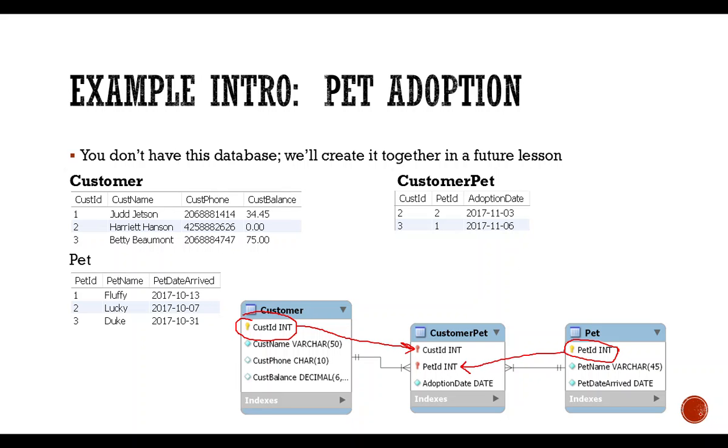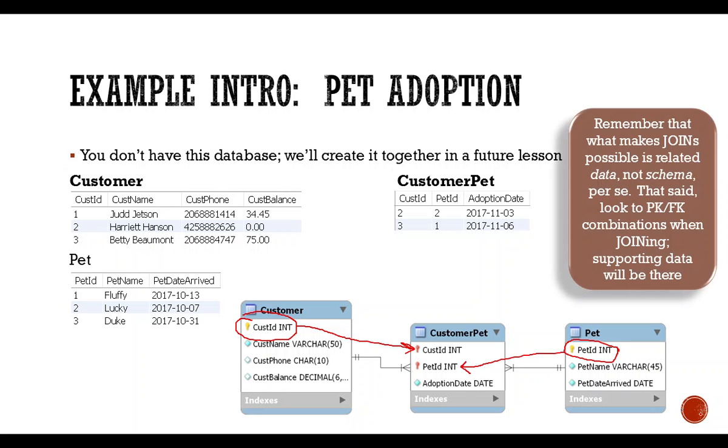So let's look at how we might start into the writing of a join. So again, remember that it's the data here. It's not just the fact that the foreign key exists that makes the join possible. It's this data, right? So we have some data in customer pet that represent those adoptions. Without the data, you can't do a join because there's no data to join.